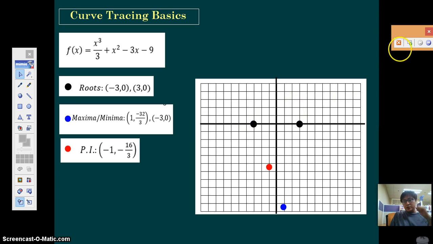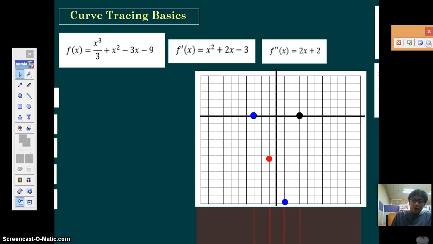The next thing to do is to study the behavior of the function, meaning to apply the derivative test. Now these are the points we obtained earlier. I already plotted them. Notice how these points divide our Cartesian plane into intervals, into regions.